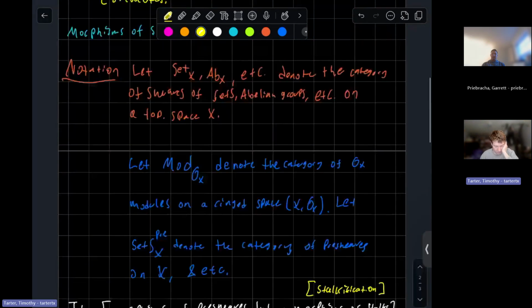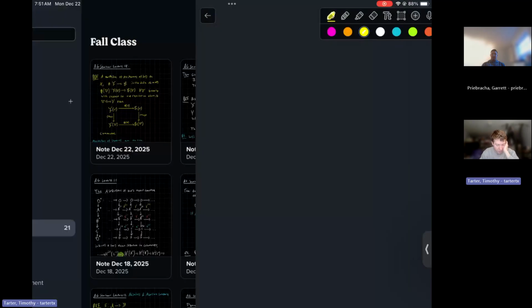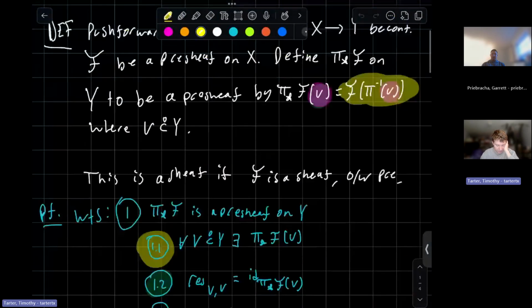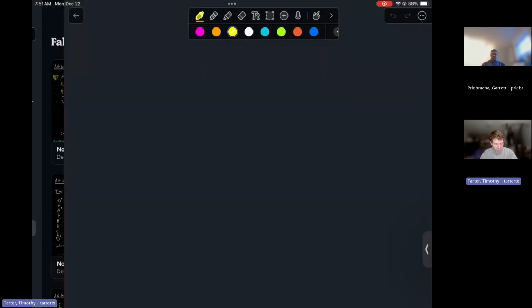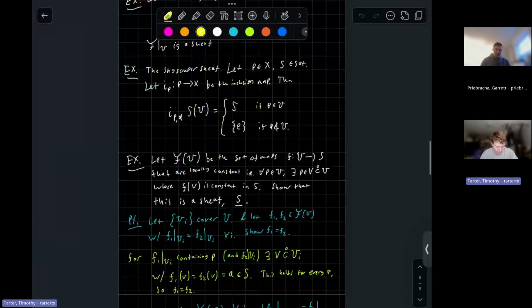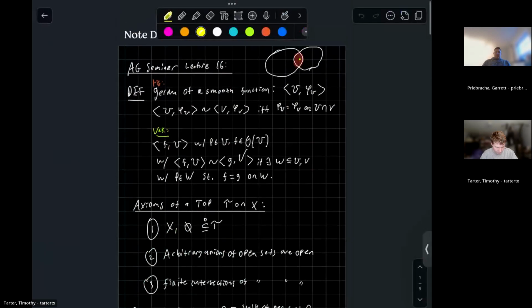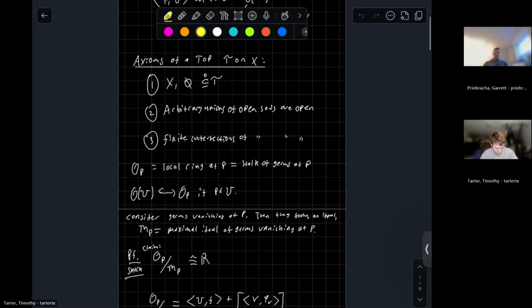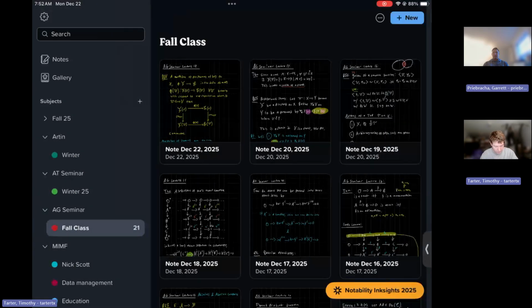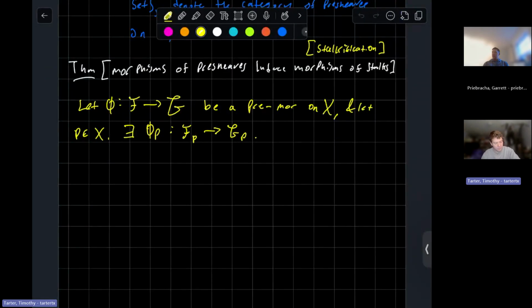Well, I think we defined the stalk in the previous lecture. It's just the stalk of germs at p.